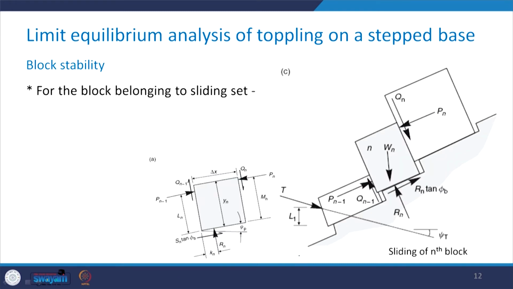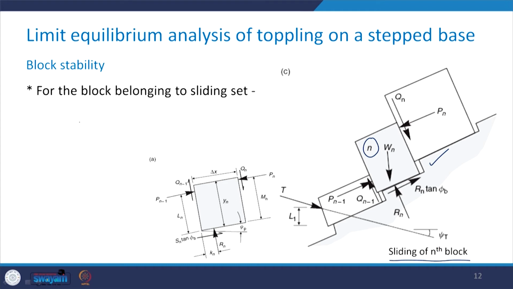So, for the block which is belonging to the sliding set, till now what we discussed was the toppling block, but then in case the nth block is not toppling but undergoing the sliding, then what can be the situation? So, here are the forces which have been shown in case of the sliding of the nth block.